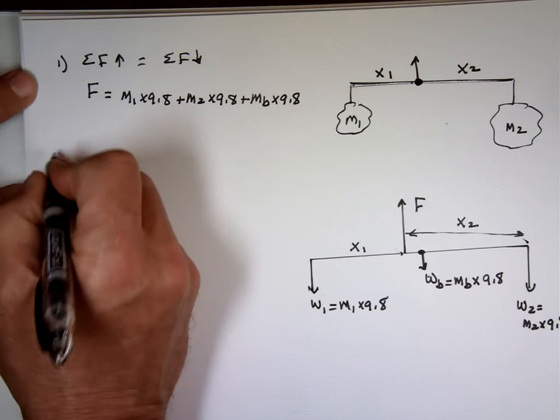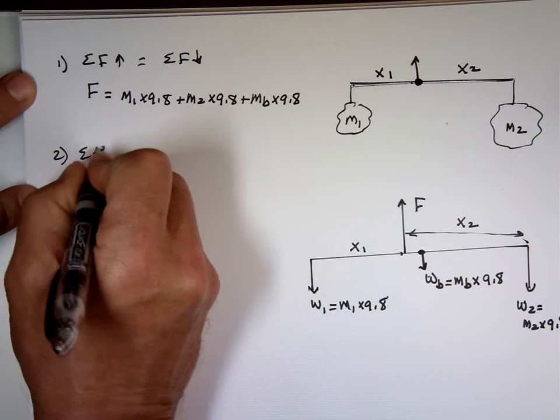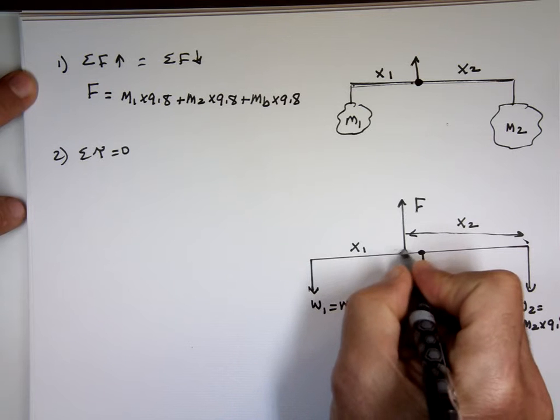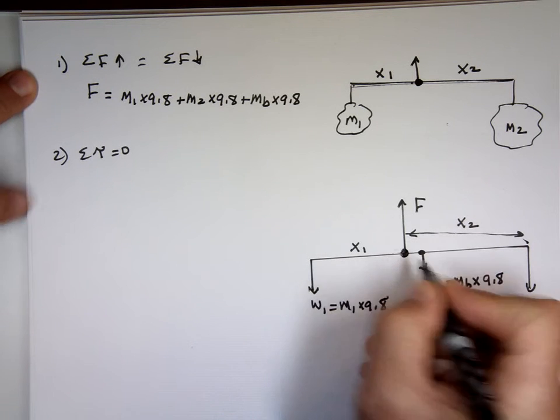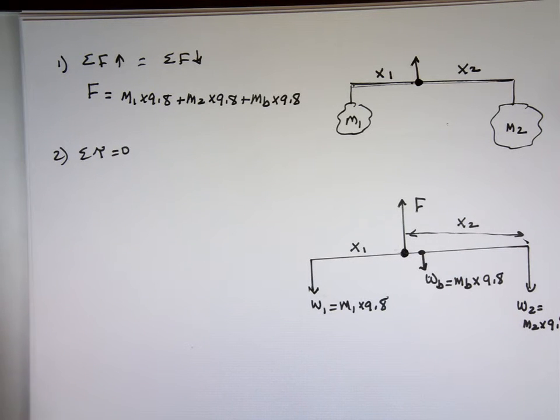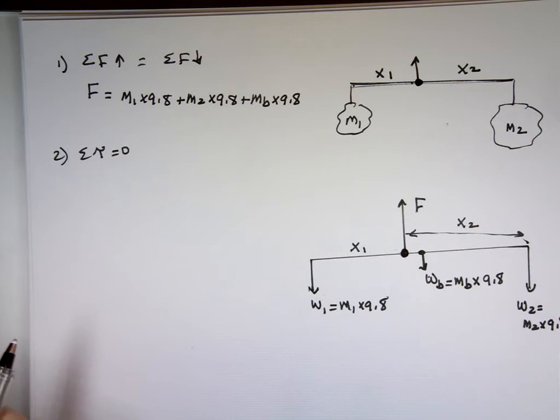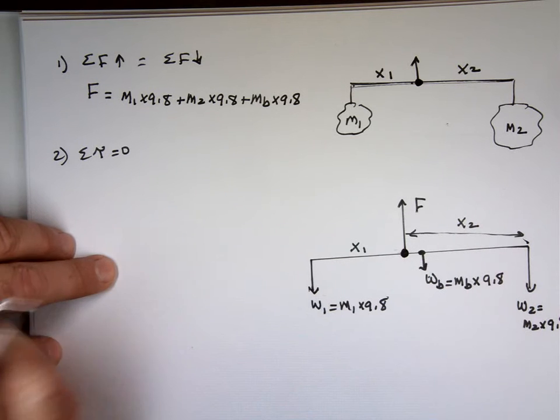Sum of the torque is 0. So the torque is going to be what? Pick a point, and I'm going to pick where my finger is to calculate the torque. That point right there. Let's pick that point. So the torque by this force is 0.